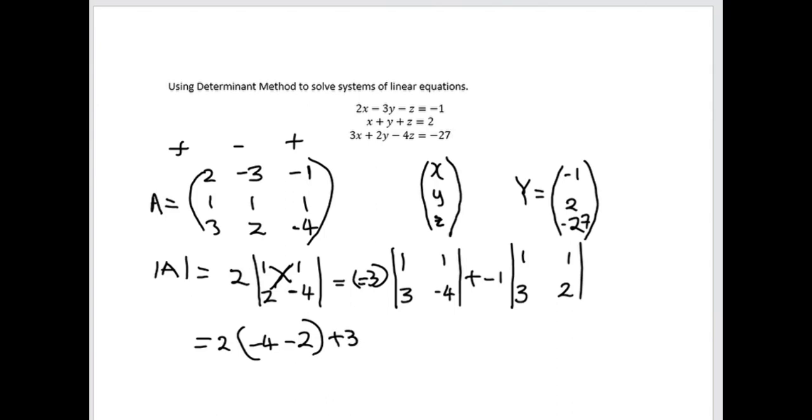Then 3, multiplying the elements in my principal diagonal: 1 times minus 4 is minus 4. And then subtracting the product of the elements in my secondary diagonal: 3 times 1 is 3. Plus times minus is minus. I bring down the 1. In the brackets, 1 times 2 is 2, minus 3 times 1 is 3.